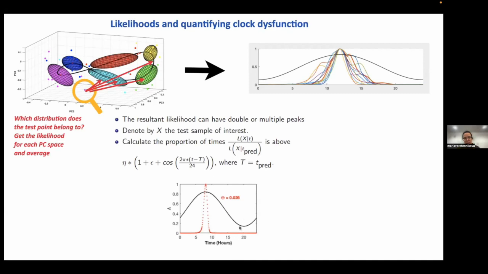The higher this peak, the higher the total area above the threshold. And therefore, having a very big peak 12 hours out would mean we have a very, very high theta. And similarly, if you have another peak that is very small, even if it's very high, it's not really going to make a huge difference.